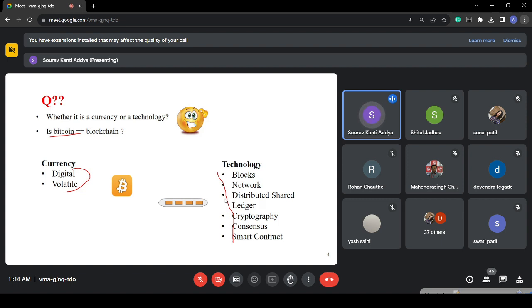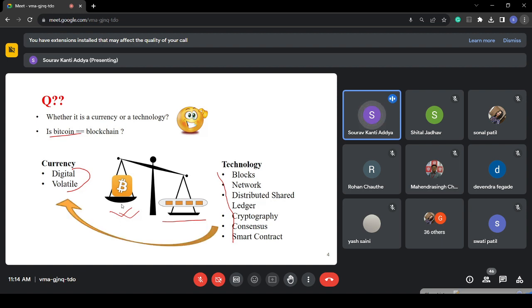If we compare Bitcoin and blockchain, you can see that the blockchain part is heavier than the Bitcoin part, because blockchain has so many elements whereas Bitcoin is only a currency.